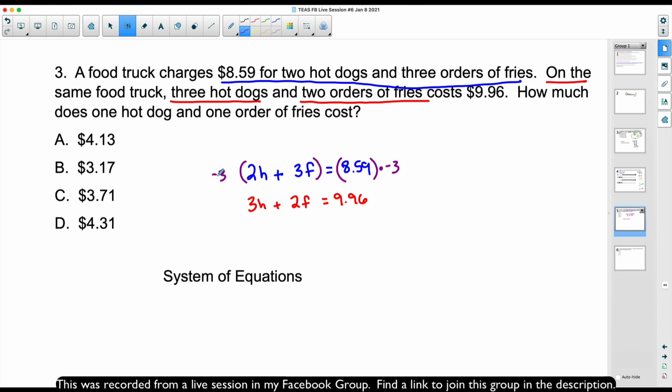Multiplying by -3, we're going to get what here? -6h minus 9f. I'm multiplying by -3. And this is going to give me, what? $8.59 times a -3. 8.59 times -3. That's -25.77. So you might say, okay, why did I do -3?